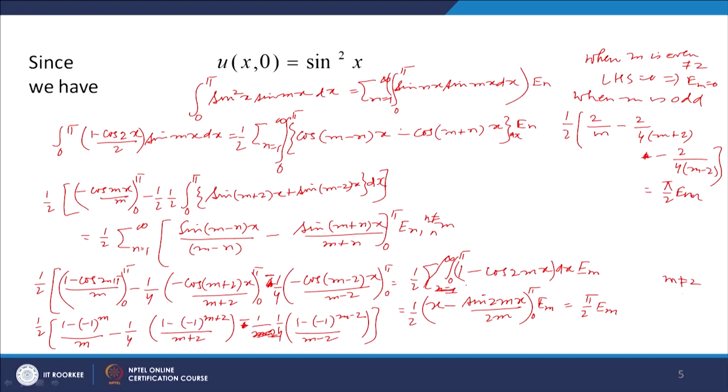Let us look at the case m equal to 2 separately. So, m equal to 2 means pi by 2 into E2. Let us put m equal to 2 in the left hand side, then we will have the integral 0 to pi of 1 minus cos 2x by 2 into sin 2x.